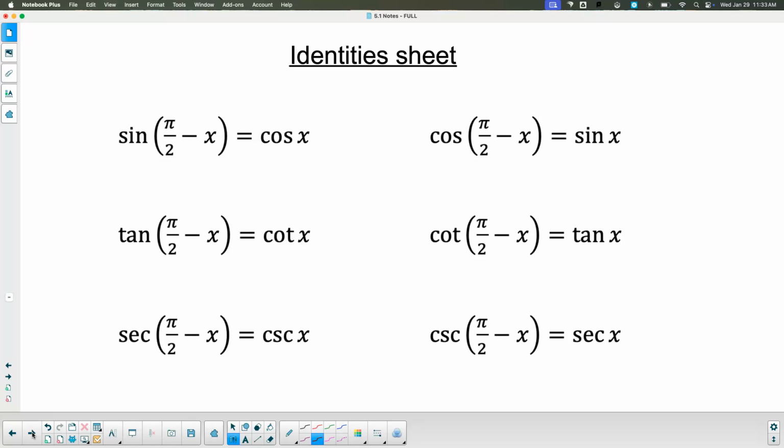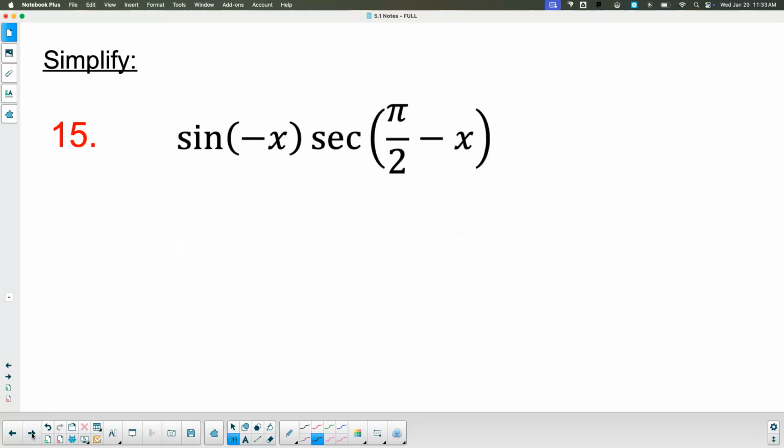The tangent of one is the cotangent of the other. And cosecant and secant are also the same. Cosecant of one is secant of the other, because that's sine and cosine. So those are identities 12 through 17 there.